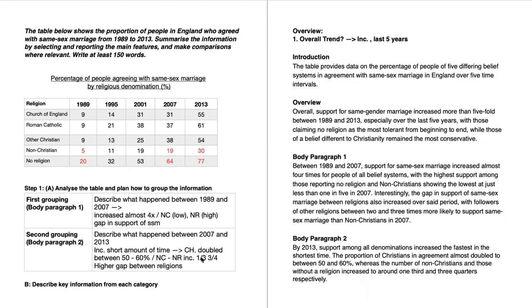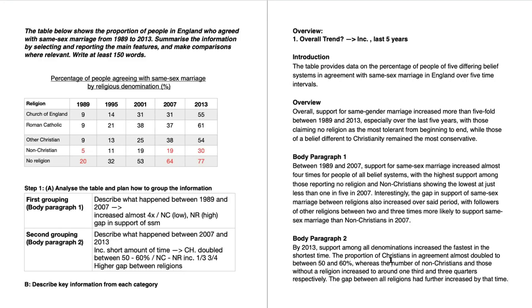And remember, this was looking at 1/3 and 3/4, like we talked about earlier in our note-taking time. Lastly, I'm just going to say the gap between all religions had further increased by that time, because I'm talking about 2013. And that is everything that we wanted to include from our table in the second paragraph.